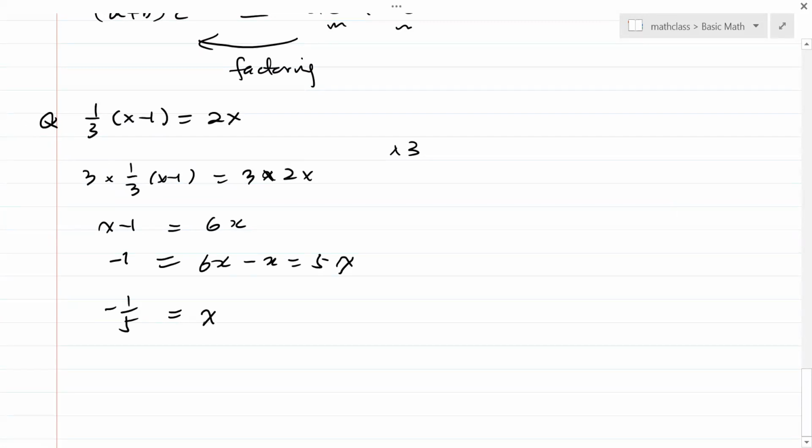All right, the next problem I want to discuss involves more parentheses. We have to simplify something like 1 minus 1/2 times (3 minus x) equals 2x, for example.